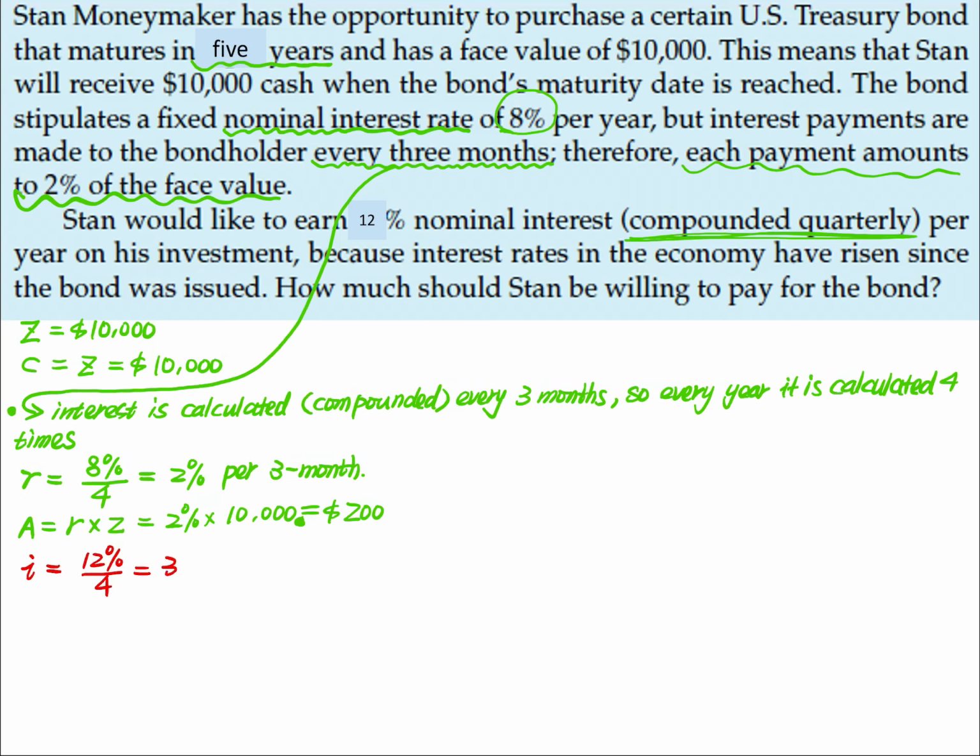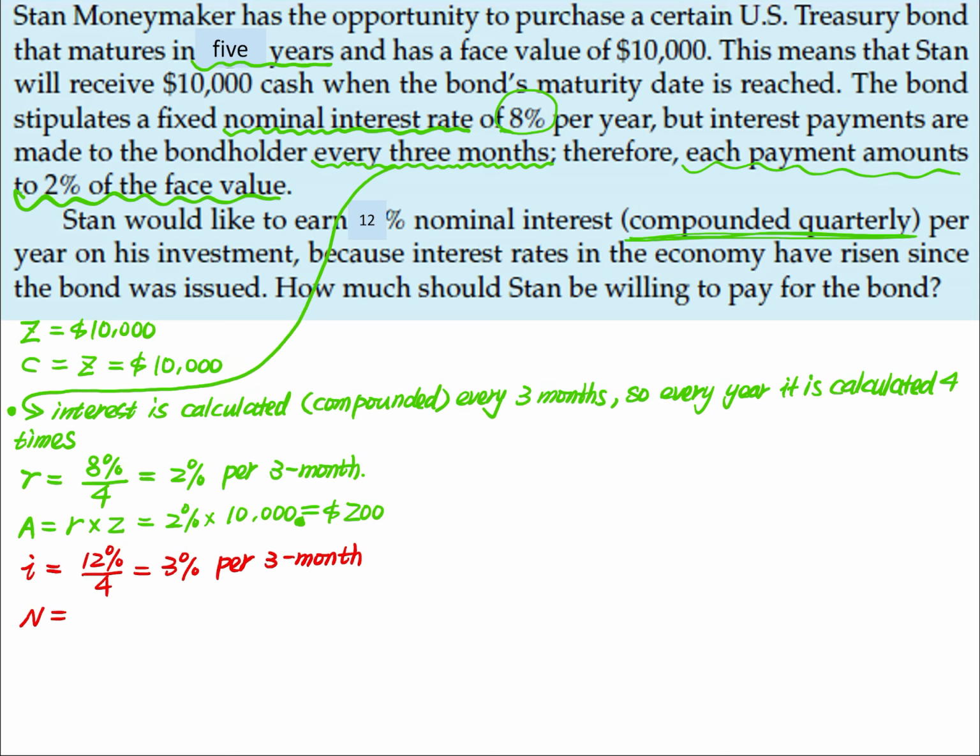Your yield interest rate will actually be 12% over 4. So it's going to be 3% per 3 months. Okay, so the I is your yield rate, the interest rate you want at the bottom line.